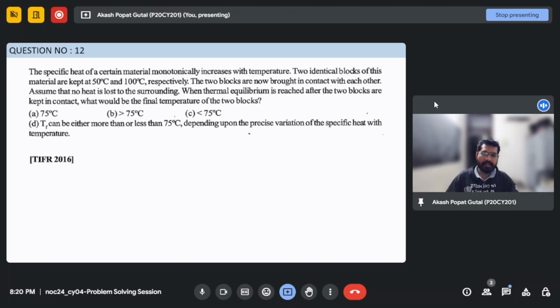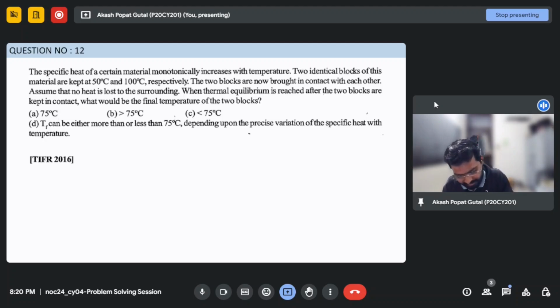But it also really checks your concept related to specific heat, and this question also you don't need to do any calculation on paper.